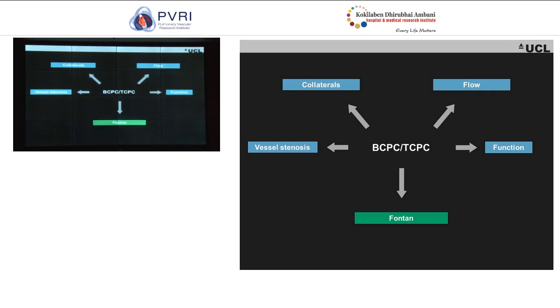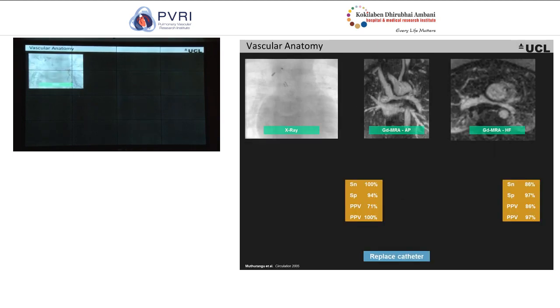Put that all together, and that's what comprises a Fontan circulation. And I think it's probably artificial to try and tease out one aspect. They all interact with each other. So this is how we would do it, and nothing wrong with that.